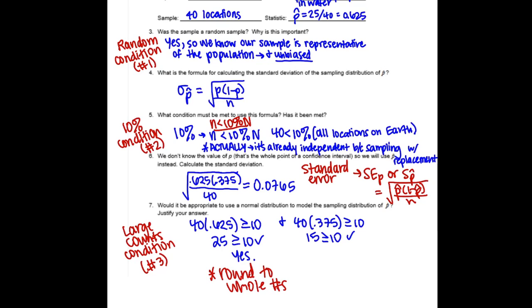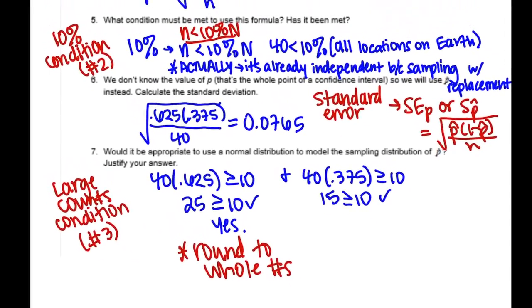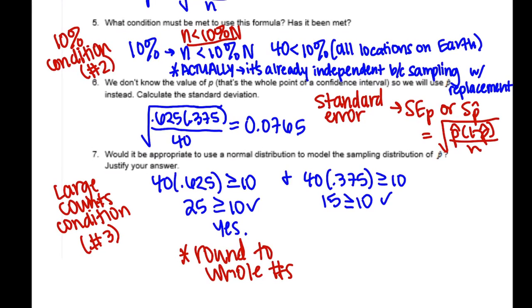And what ends up happening when we round to whole numbers is we end up just getting our successes and failures. So I'm going to make that note too about this third condition. Successes and failures are at least 10.